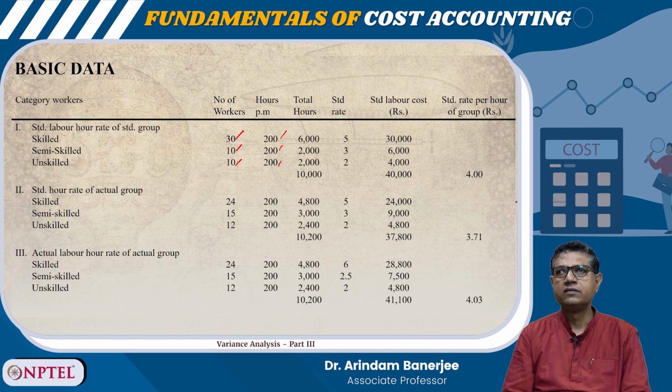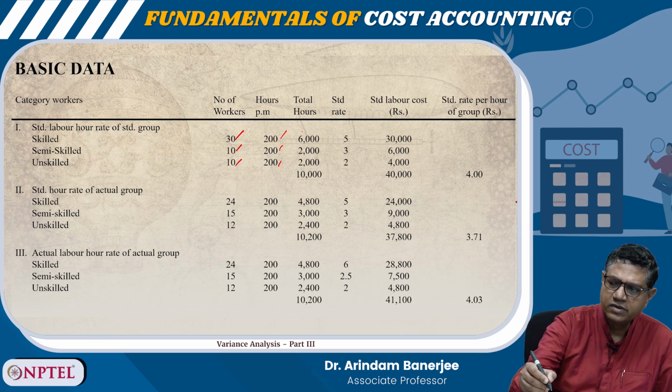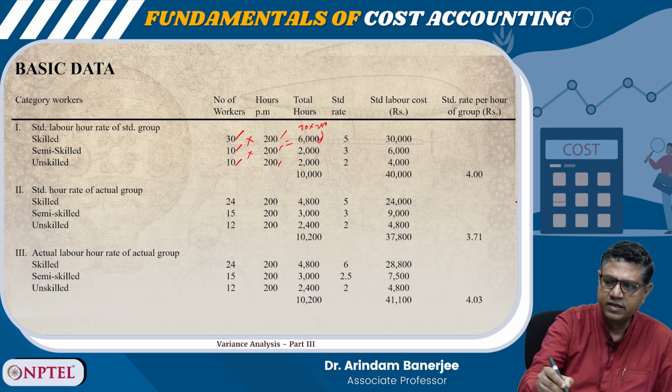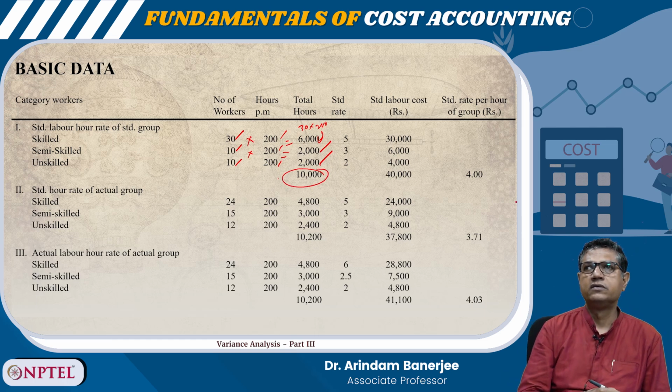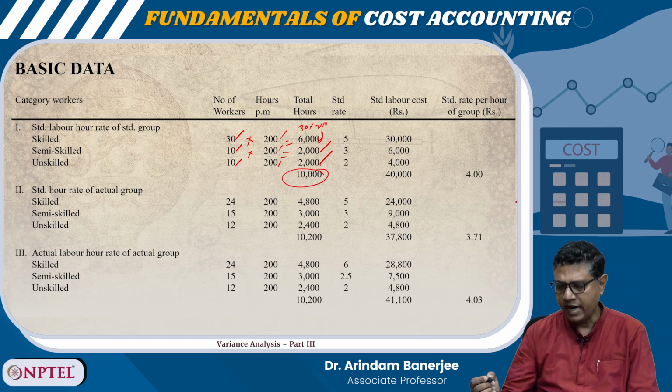Total hours, if I multiply these two: 30 into 200, I should get 6,000. 10 into 200 is 2,000, and another 2,000. If I add, it will come to 10,000, right?